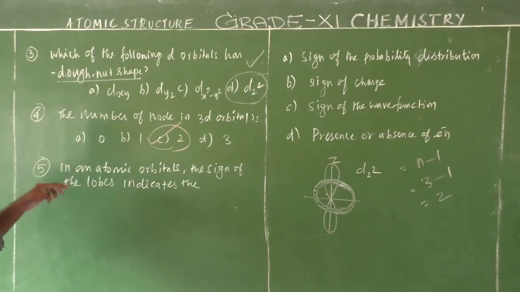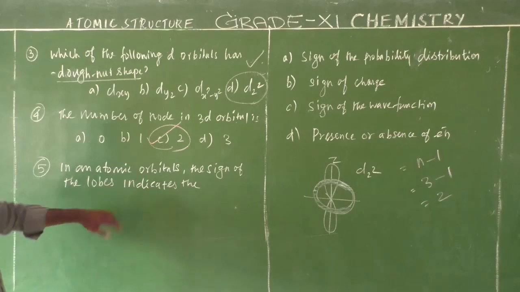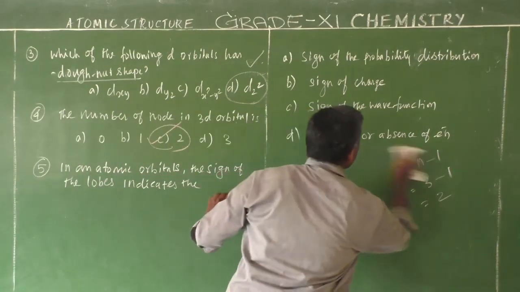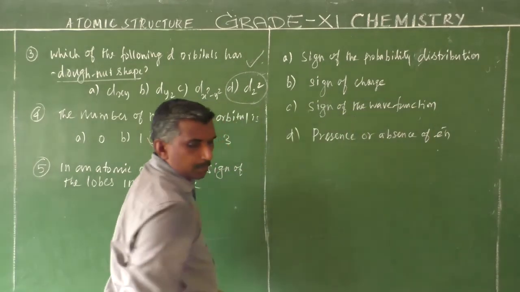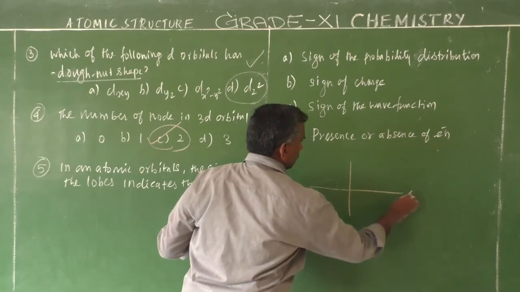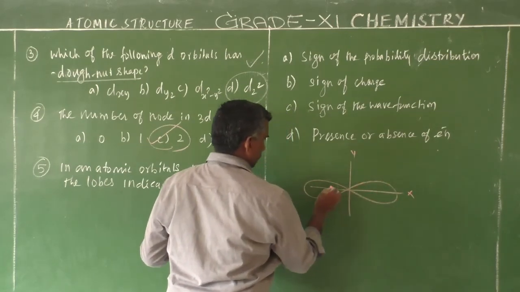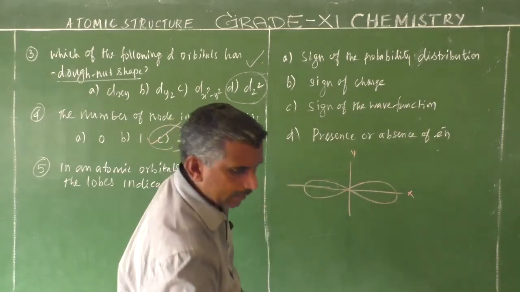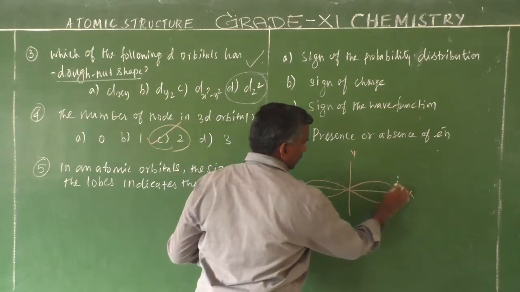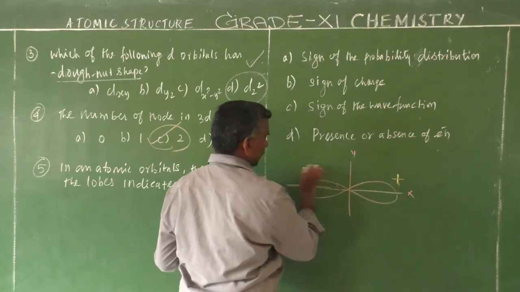Now the final question: in an atomic orbital, the sign of the lobes. For example, consider the px orbital. This is a positive sign, this is a negative sign.